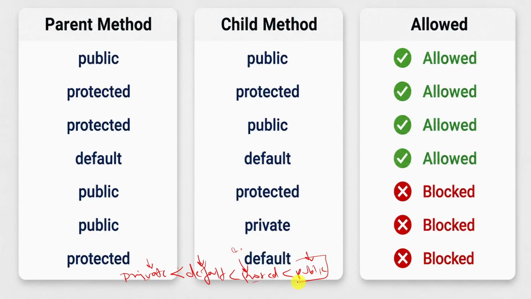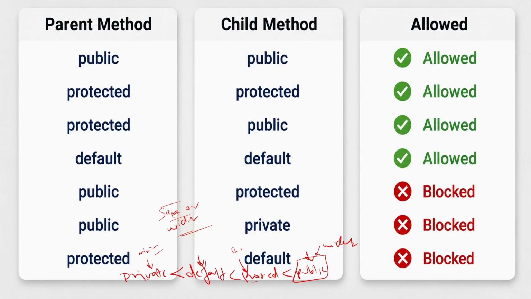So this is the widest scope, and this is the minimum scope. And what is the rule for overriding? The overriding rule is that the access modifier can be the same or wider. Don't forget this rule: same or wider.